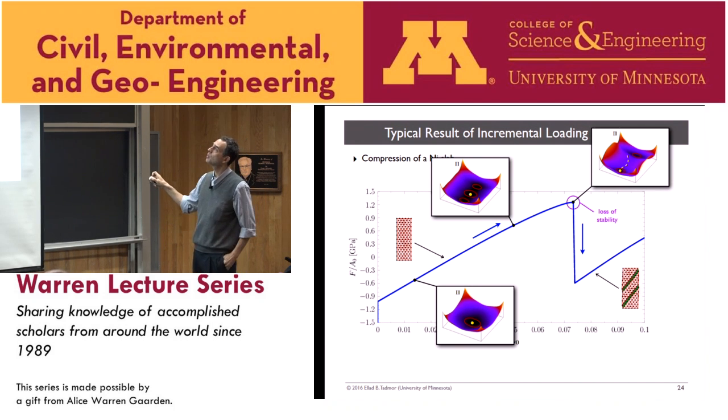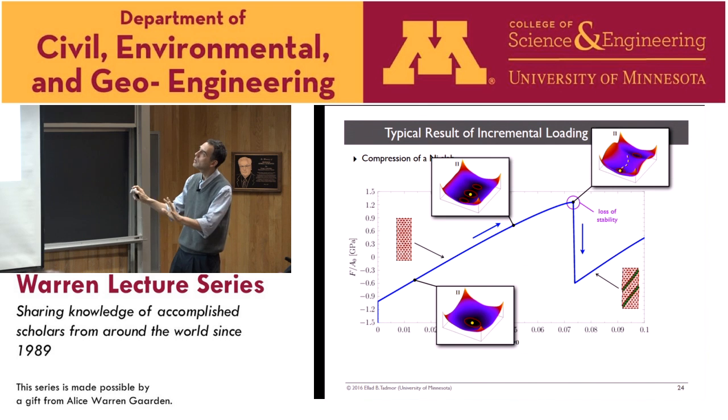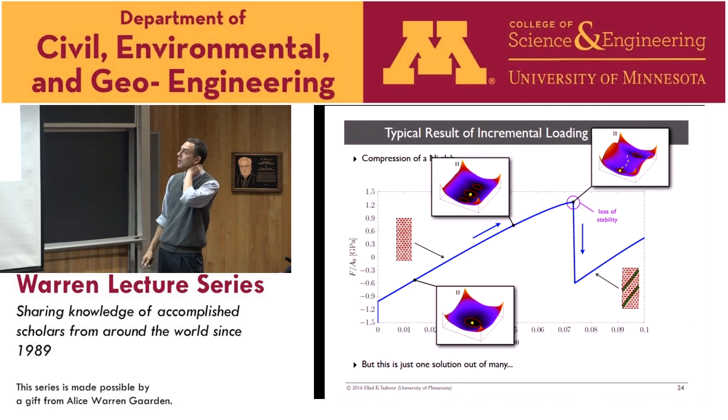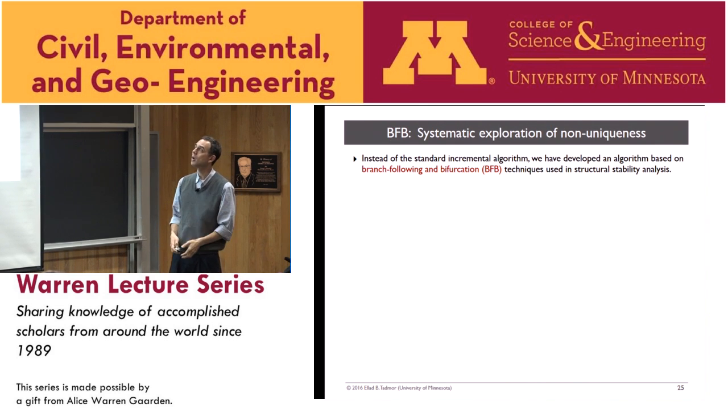So what we want to do is find not just this one solution, which happens to be where we've randomly decided to roll down this hill. Remember, once this loses stability, there are many, many places to go. We want to get our heads around that. So this is where Ryan Elliott's specialty comes in, a method called branch following and bifurcation, or continuation in mathematics, where you can follow those lines.